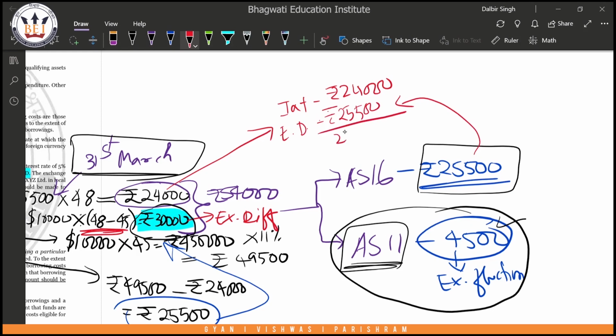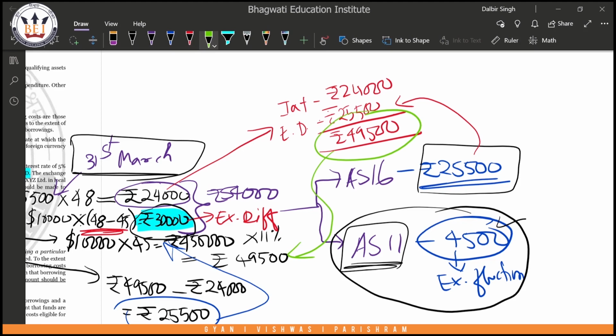Therefore, the total borrowing cost which I have recorded is 49,500, which is matching to the INR interest amount. That is the whole purpose, just to match your interest rate, just to give you the benefit of having the same interest as you would have had you borrowed the amount in INR.